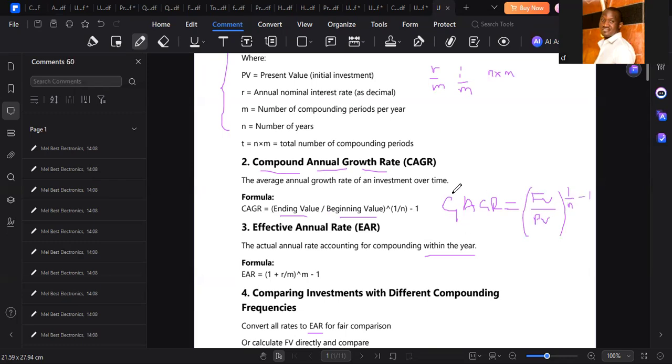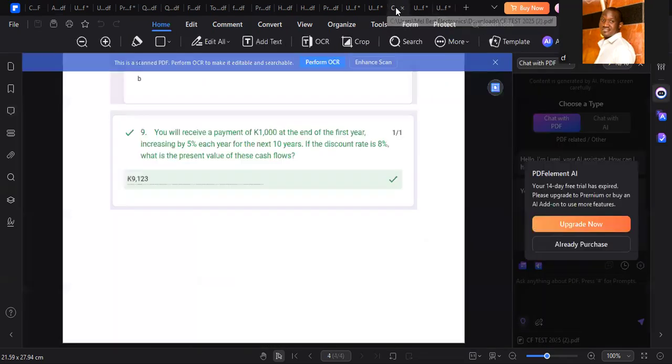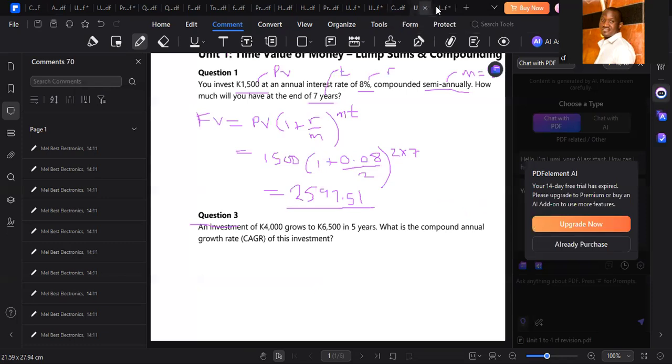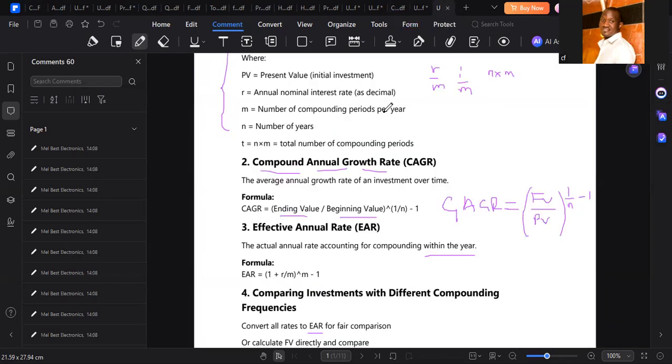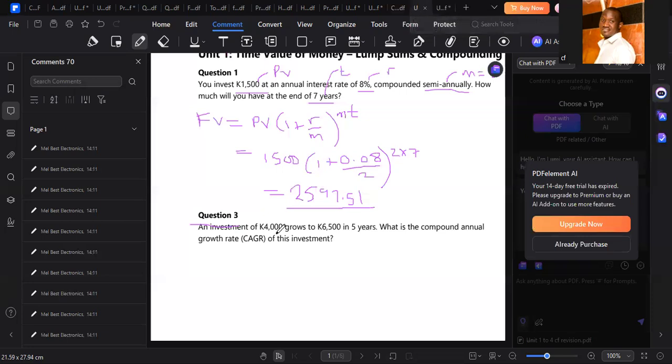So in this case, what was our future value, or ending value? This is our present value, our future value. So the n is 5.